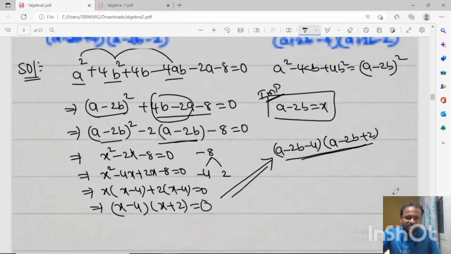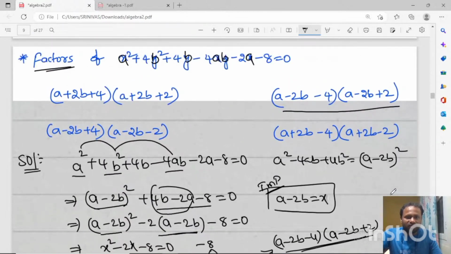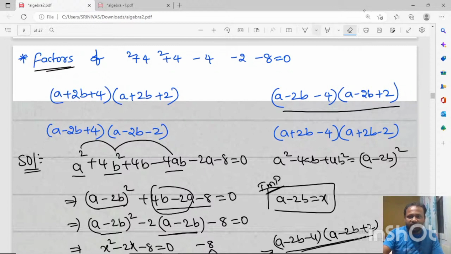One method is there for this problem. What is that method? Asha, check it once. I will write the question clearly. So what is the question?